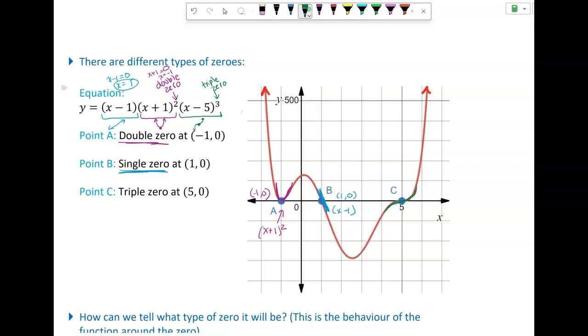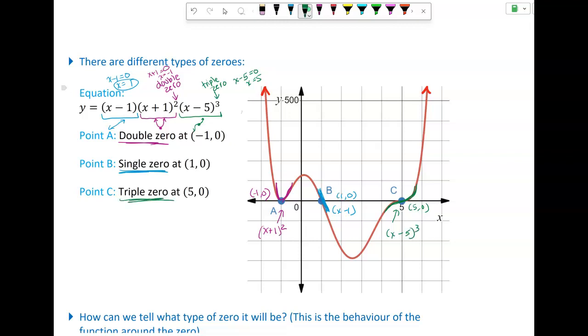This zero has a cubic look to it because it hits it like 3 times over there. There are 3 brackets. Again, if we solve, x minus 5 equals 0, so x equals 5. So there's a triple zero at (5, 0), caused by this (x minus 5) to the exponent of 3.